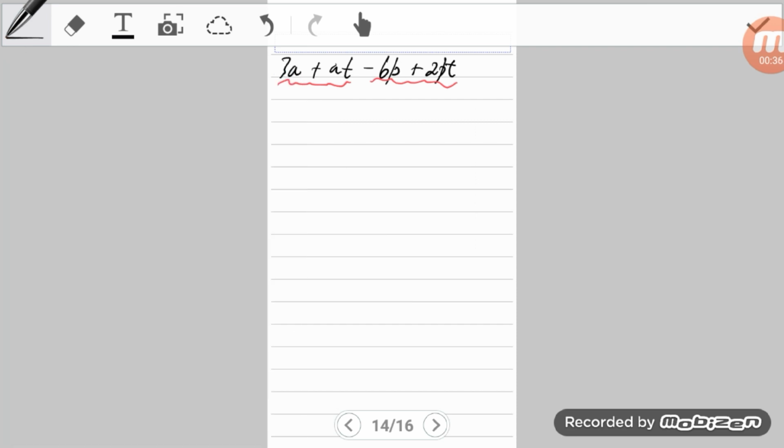First, what is common between 3a and at? We're going to find that the result here is going to be a. A divides into 3a and leaves us with 3, and a divides into at and leaves us with t. Then over here, the common factor between these two, numerically, is going to be -2, and variable-wise, it's going to be p.